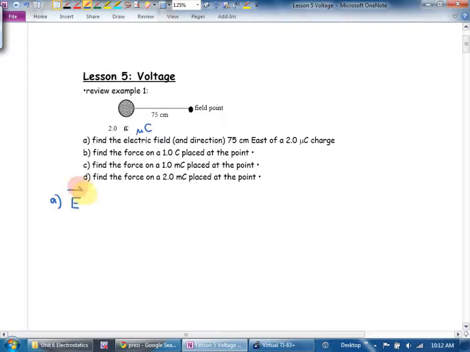Electric field is equal to, what is the equation to calculate electric field? KQ over R squared. And remember, K was 9 times 10 to the ninth, one of the easiest constants out there to memorize, even though you don't need to. It's on your formula sheet. I'll get you a formula sheet and stuff later on. Actually, I should probably get you one now.